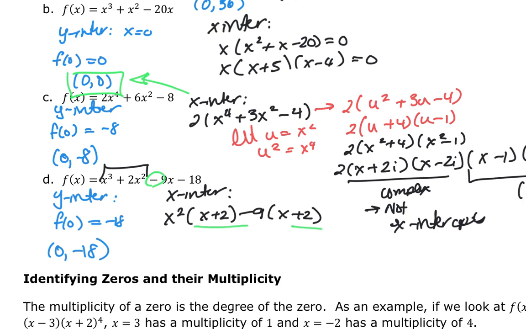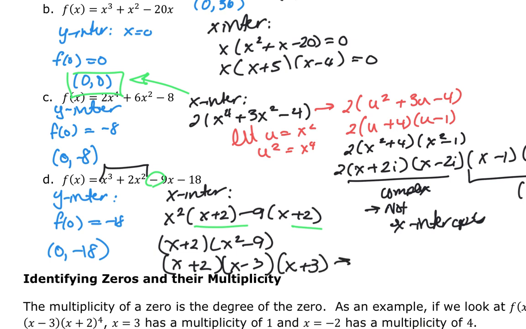X plus 2 is common in both, so I'm going to factor that out, leaving me x squared minus 9. This becomes x plus 2, x minus 3, x plus 3. So my x-intercepts are negative 2, 0 from the first factor, 3, 0 from the second factor, and negative 3, 0 for the last factor.